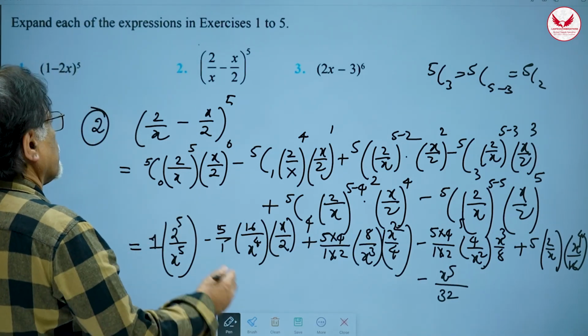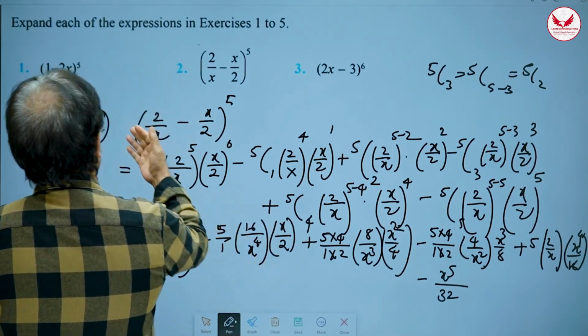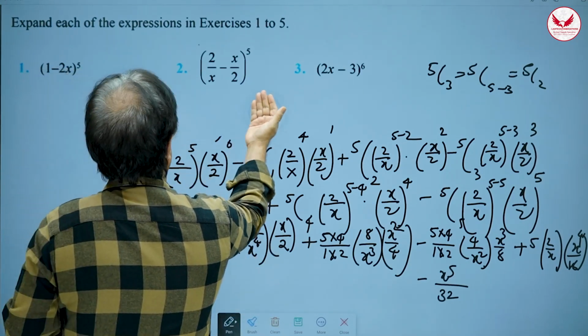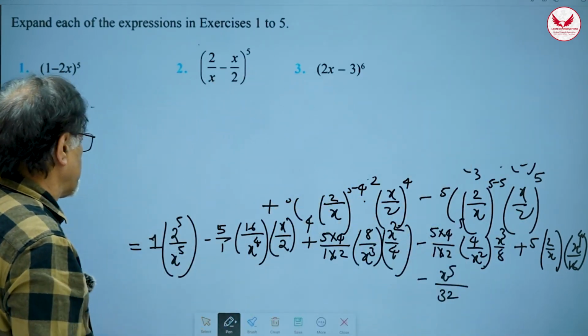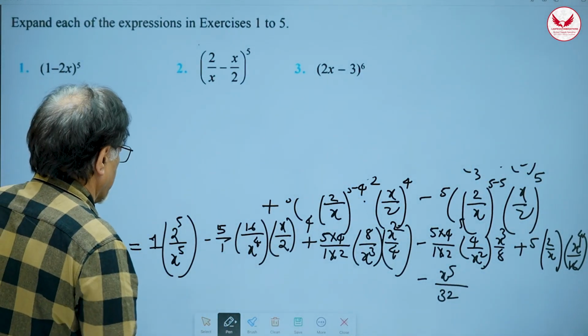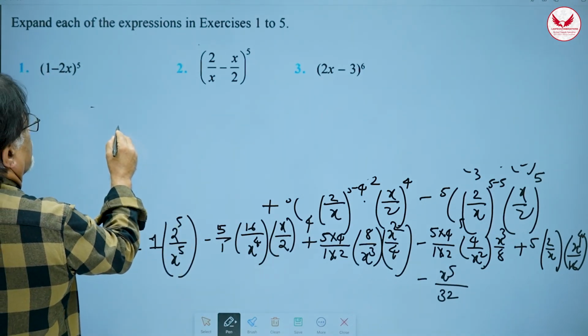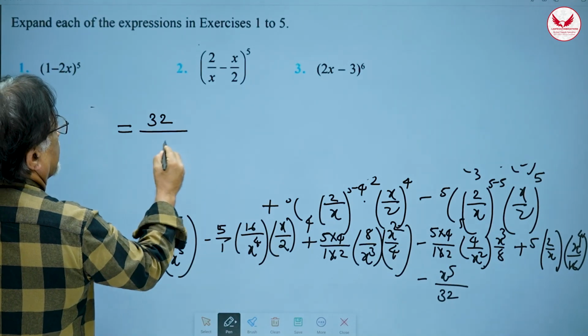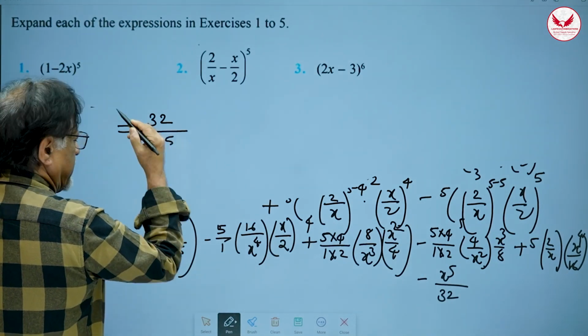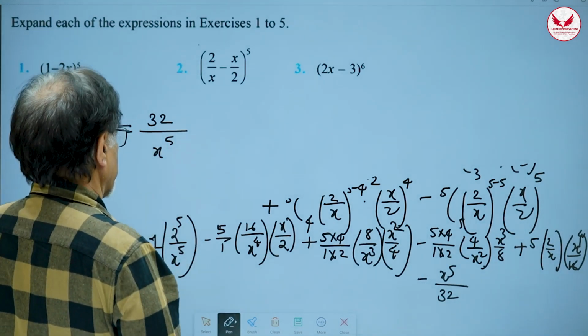So now, if I want to write a final answer, I'll have to do the final calculation and complete it. Okay? That also I'll do for you. So let us see. Now see. So the first term is 2 raised to 5 upon x raised to 5, which means 32 divided by x raised to 5. That is the first term. Now look at the second term.